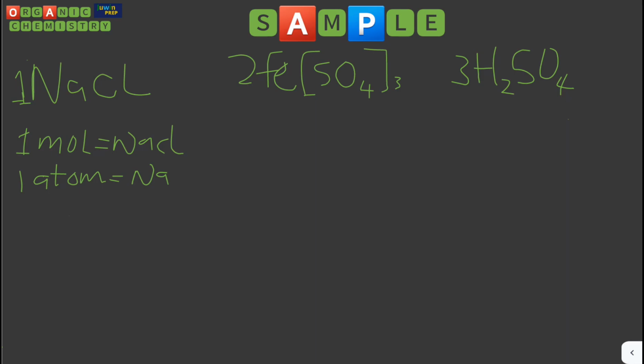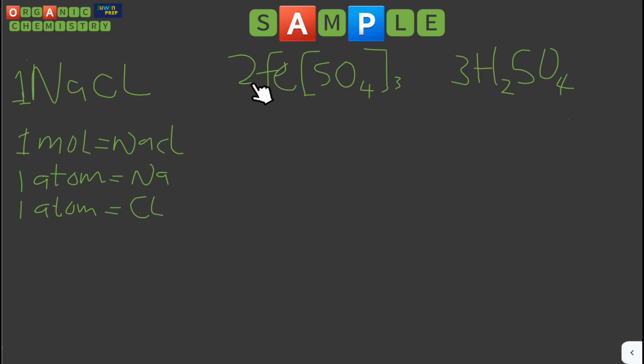So we'd say 1 atom equals Cl. Now, I just interpreted this compound. This compound is actually 1 molecule of NaCl, 1 atom of Na, and also 1 atom of Cl. Now, let's go to the next compound and try to do the same thing.